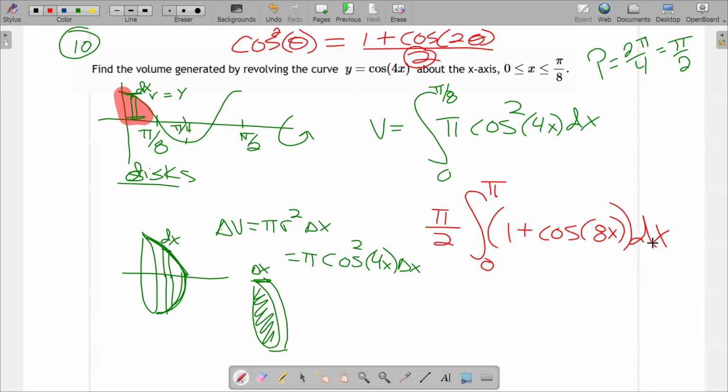I'm just using an identity here. And my identity, again, is cosine squared of something is 1 plus cosine of twice that something over 2. In this case, the theta is the 4x, and so I get 2 times 4x here. The half I pulled out front.